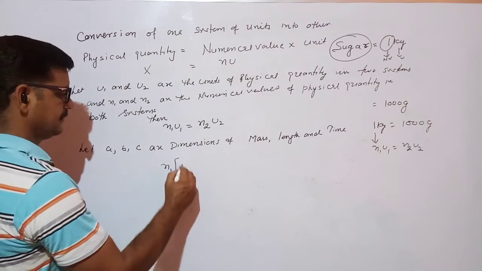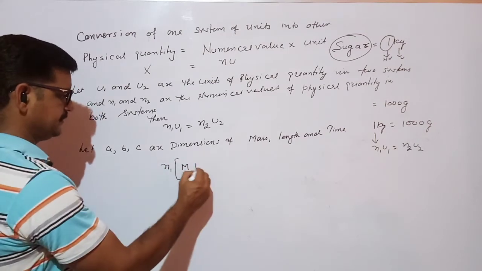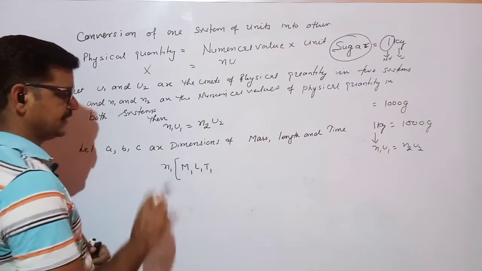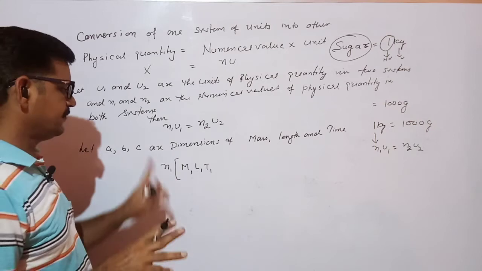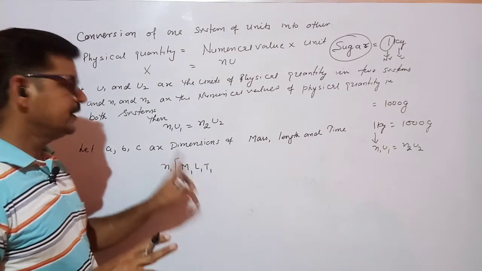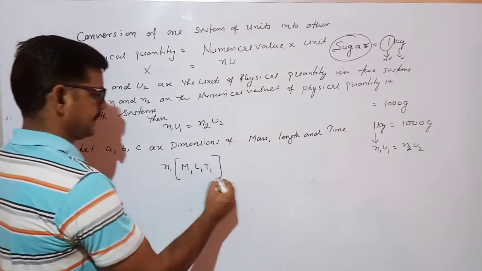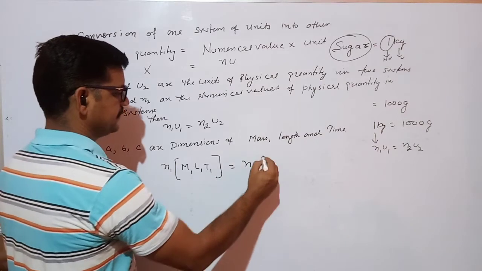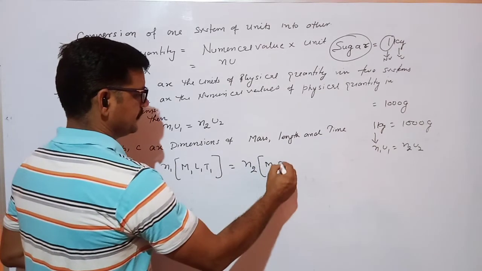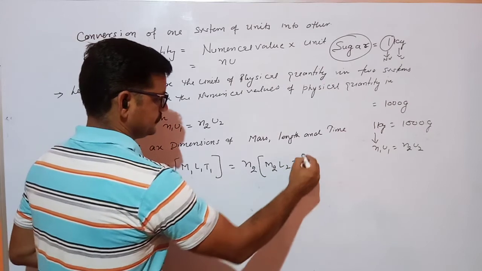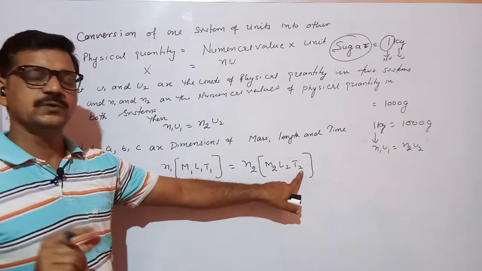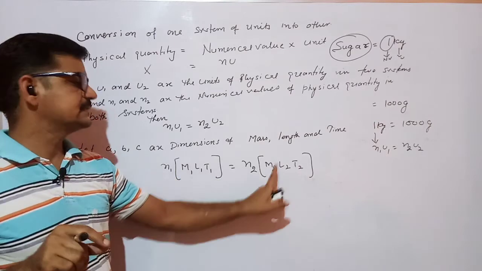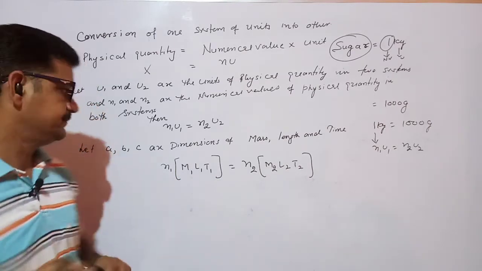N1 [M1 power a, L1 power b, T1 power c], where M1, L1 and T1 are the units of mass, length and time in one system, is equal to N2 [M2 power a, L2 power b, T2 power c], where M2, L2 and T2 are the units of mass, length and time in the other system.